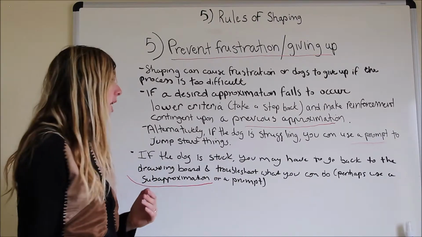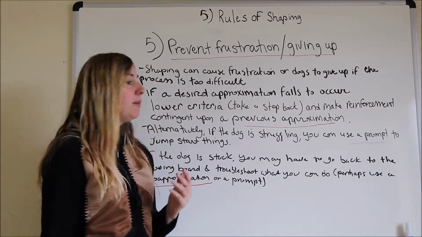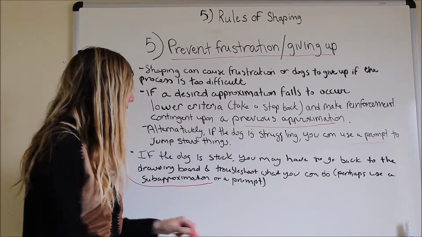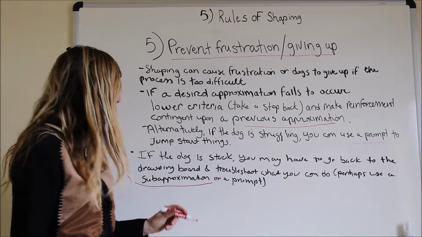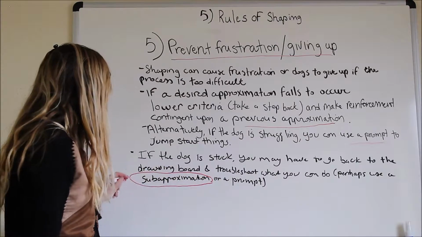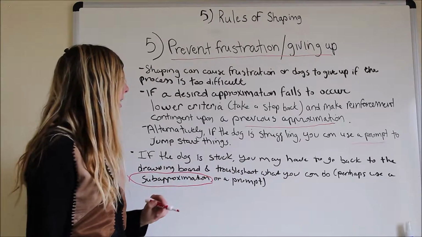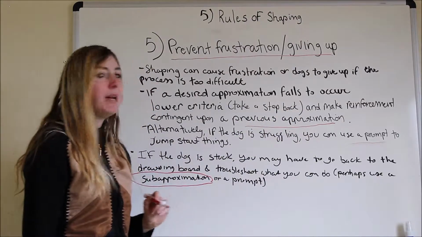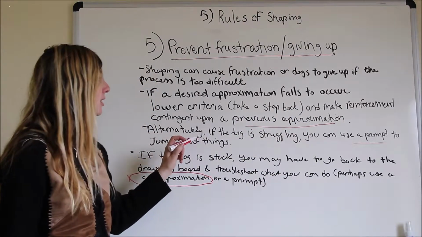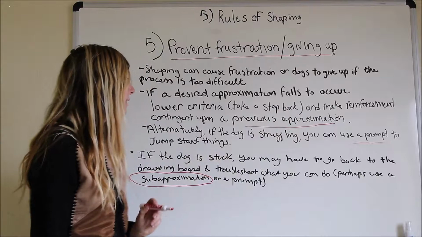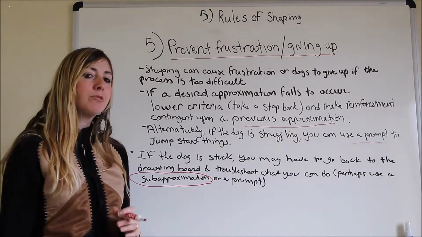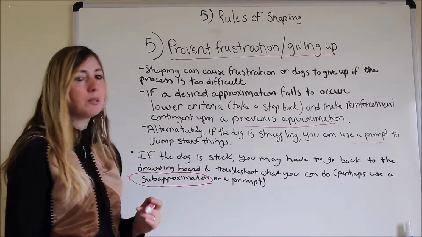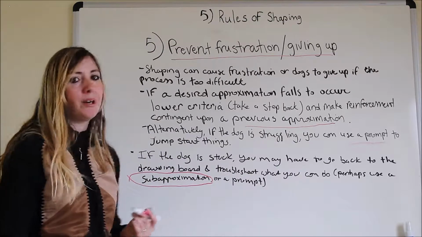We have several options, and one of them is we can split the approximation into a sub-approximation, or we can lower criteria, basically take a step back and make reinforcement contingent again on a previous approximation. Or if our dog is really struggling, we can even use a prompt just to jumpstart things.